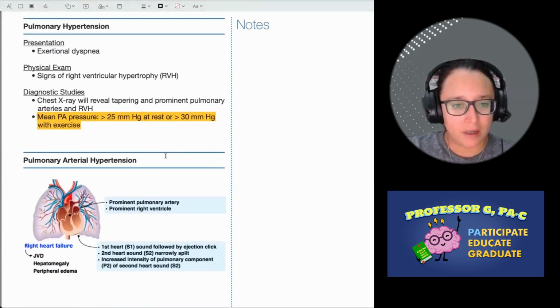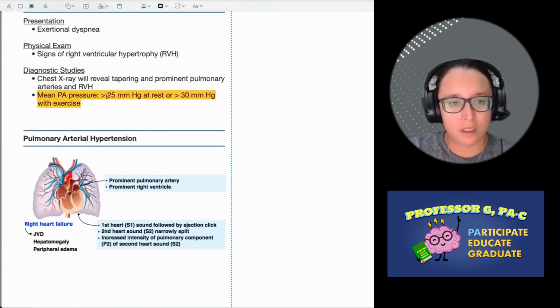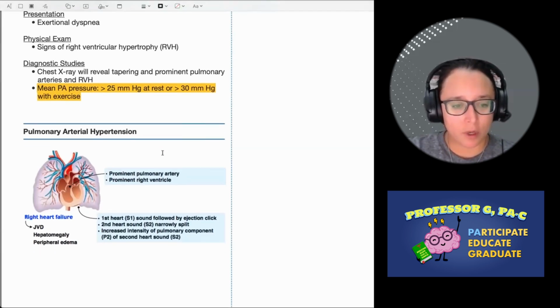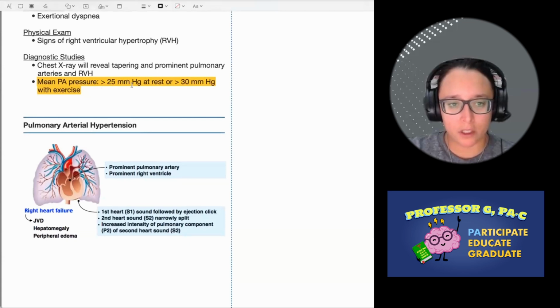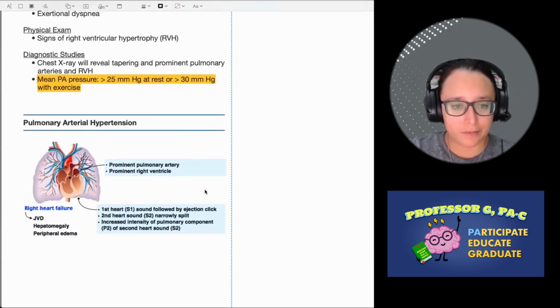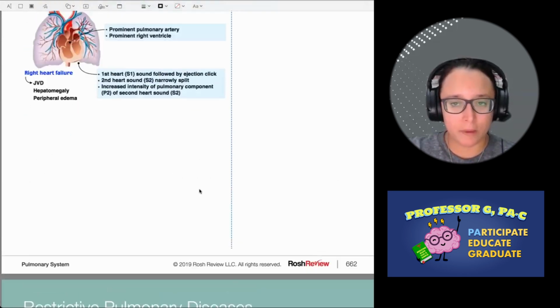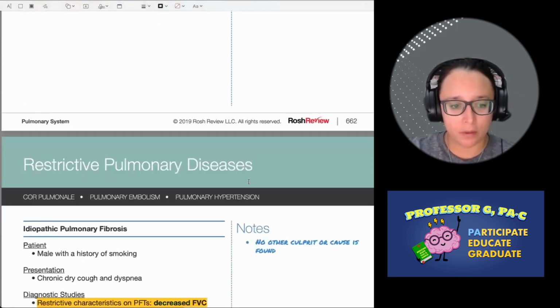But in this one, see, this one still includes the 25 at rest. It's actually 20 per your textbook. But either way, that's the diagnostic criteria. It has to be a pulmonary artery pressure of greater than 20 at rest. They don't test too much on this stuff. I wouldn't get too into the weeds on that.